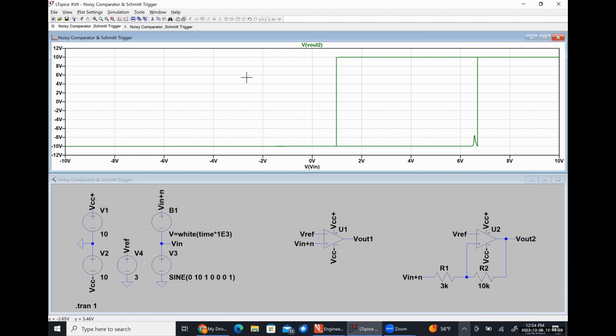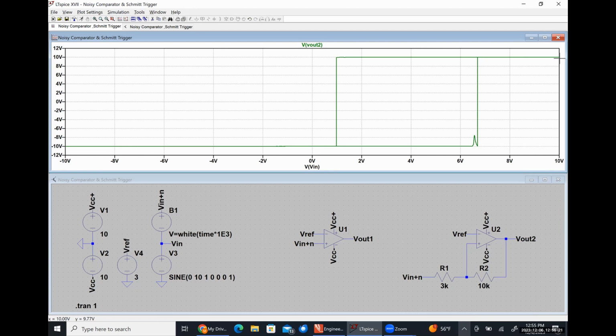Our output voltage is low, right? It's at VCC minus, or negative 10 volts. It stays low until we hit this point over here, at which point it transitions to high, or VCC plus.